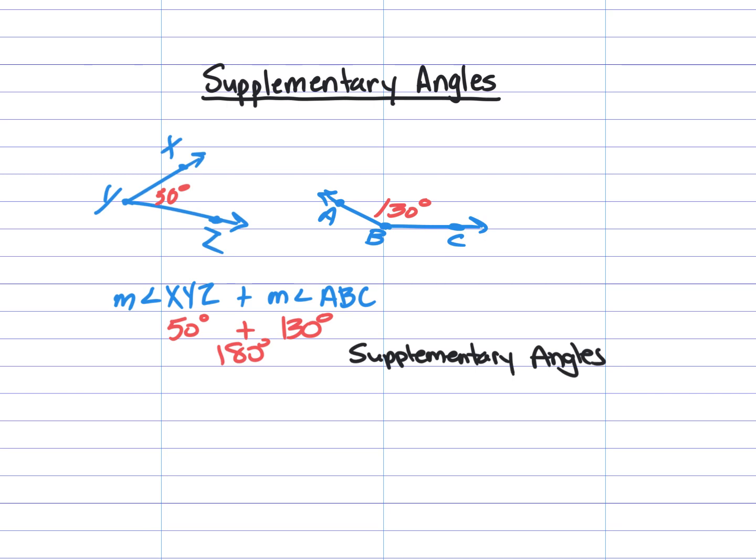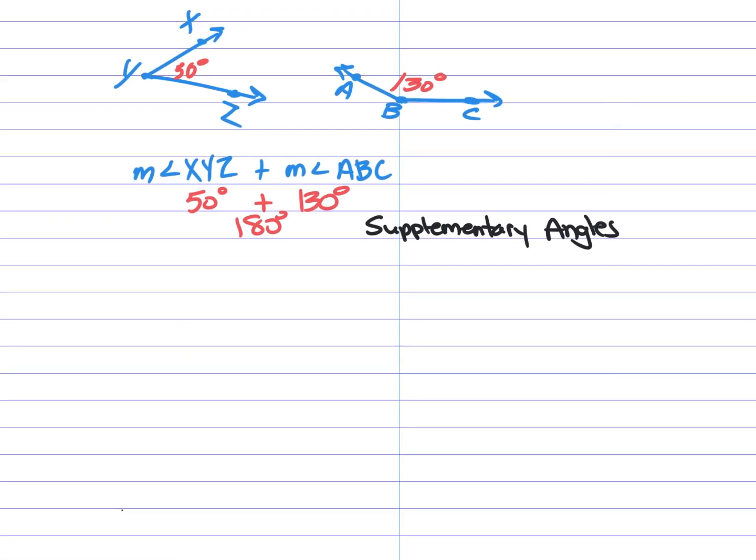Now, this example explains what supplementary angles are, but it isn't very realistic of what you'll see in any type of problem in geometry. So now, another way you may see supplementary angles is like this. When two angles are adjacent and supplementary, you have a straight line.